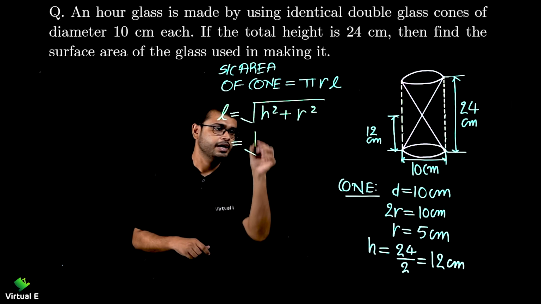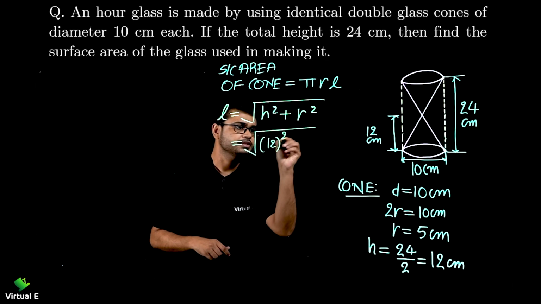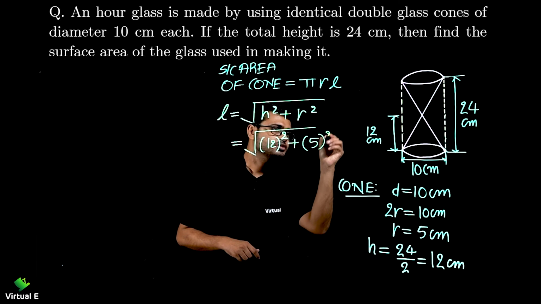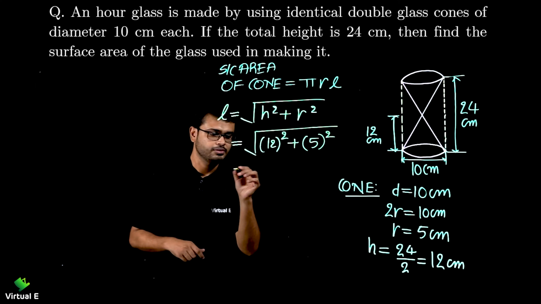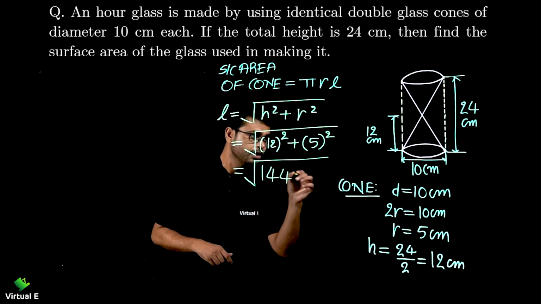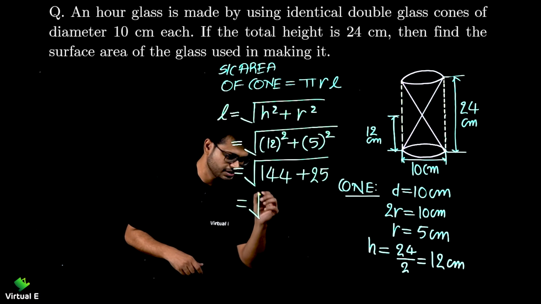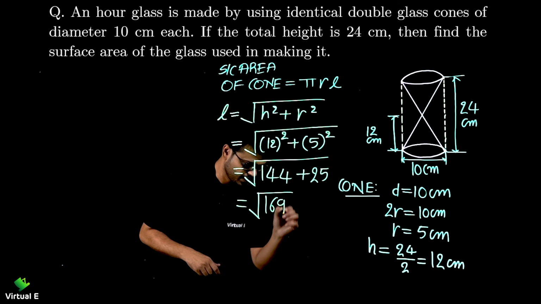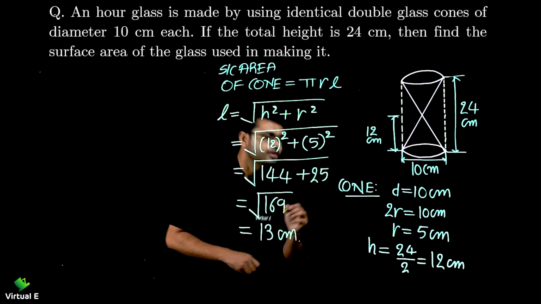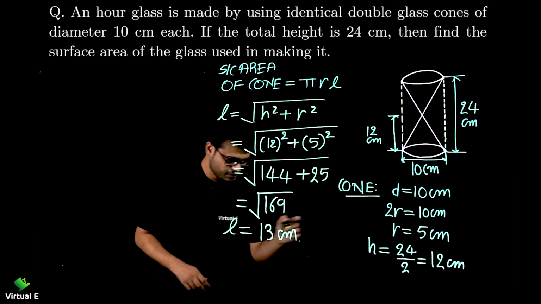Here h is 12 centimeter squared, plus r is 5 squared. Square of 12 is 144, plus 25, and if you add up you get 169. The square root of 169 is 13 centimeter. So l is equal to 13 centimeter.